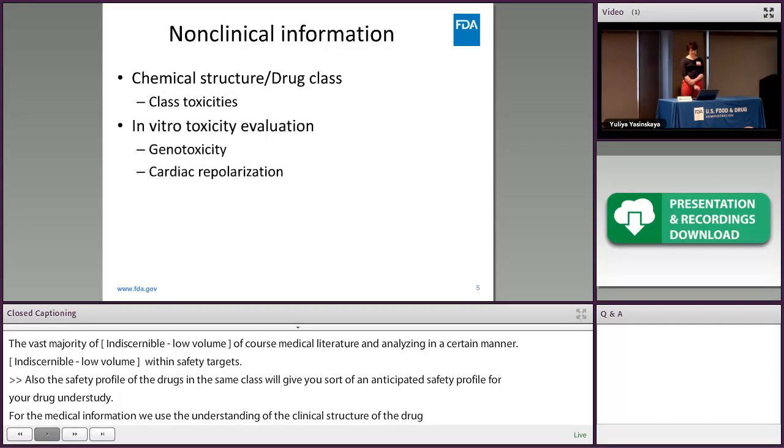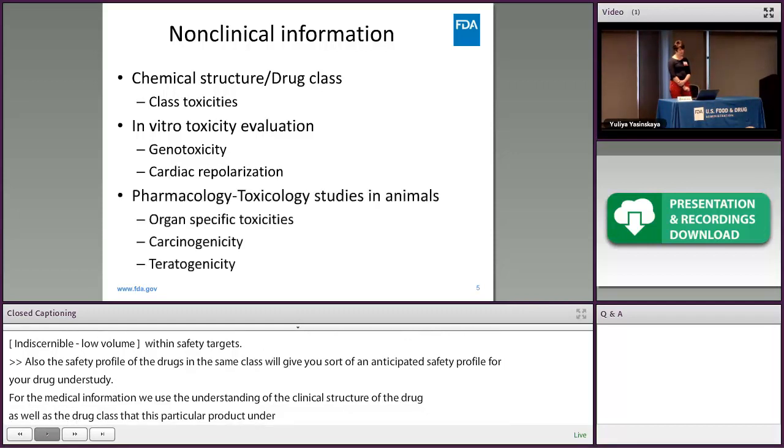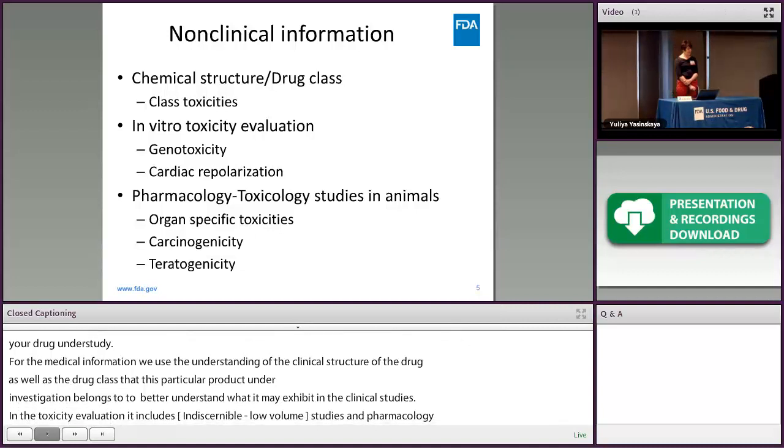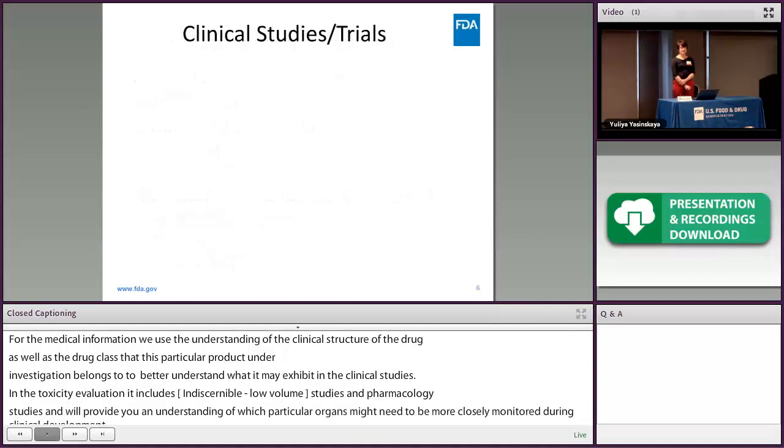In vitro toxicity evaluation includes genotoxicity and cardiac repolarization studies, and pharmacology and toxicology studies in animals will help you understand which particular organs might need to be more closely monitored during clinical development. In addition, carcinogenicity and teratogenicity potential is evaluated in non-clinical studies in animals.